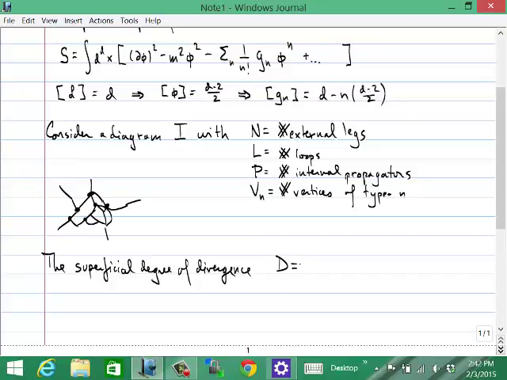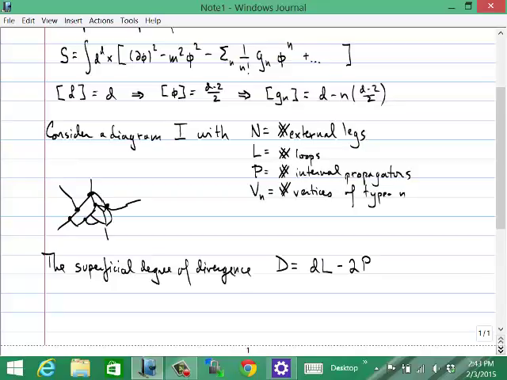Well, if you have a diagram with L loops and you're considering a scalar field theory in D space-time dimensions, you get a d-dimensional integral for each loop. And then the propagators have 2 powers of the momentum in the denominator, so the total degree of divergence is d times L minus 2p.